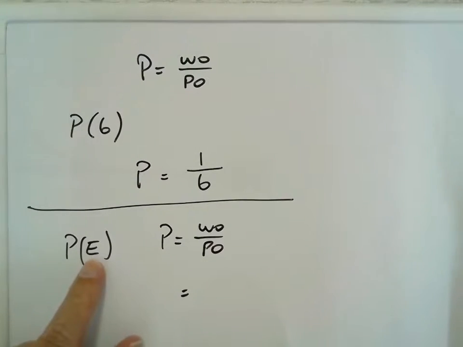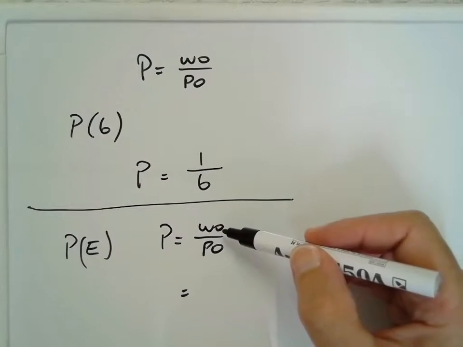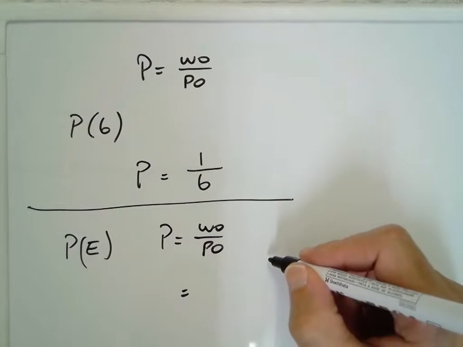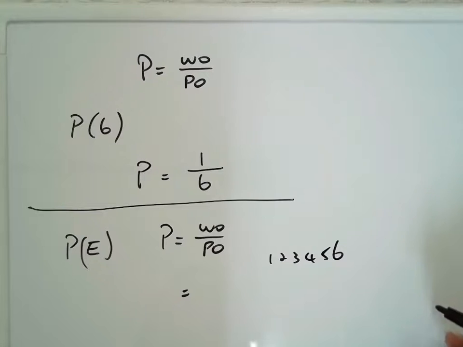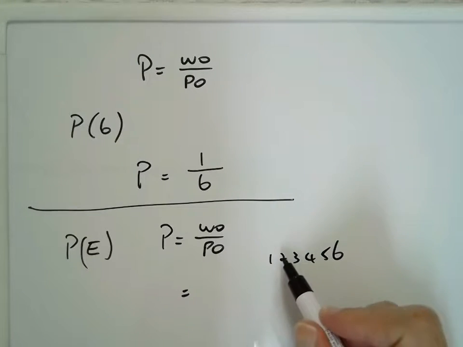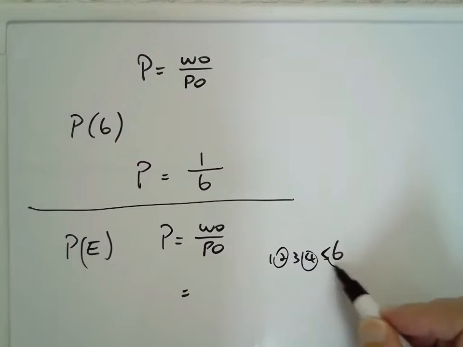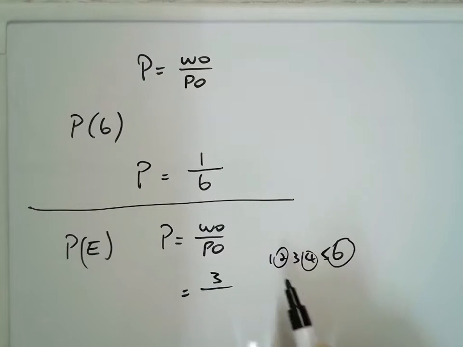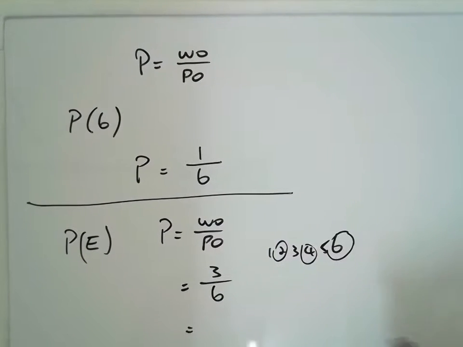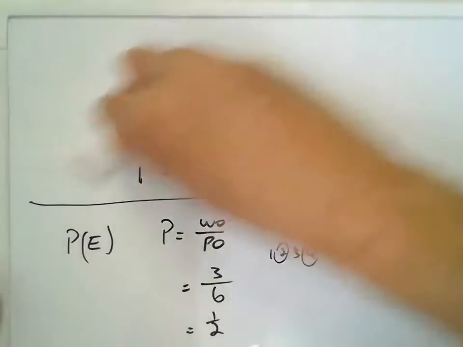So when we're thinking about rolling an even number, the wanted outcomes are out of the 1, 2, 3, 4, 5 or 6, how many are even? 1, 2, 3. So the wanted outcomes are 3, and there are 6 possible outcomes. And then at the end, you simplify. Really important that you state the rule, use the rule, and then simplify.